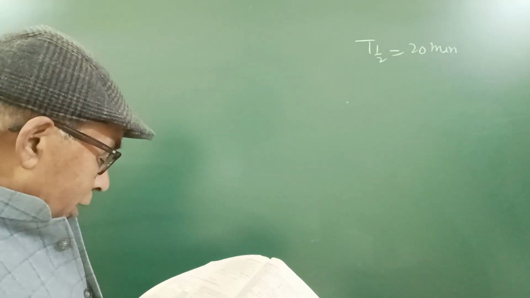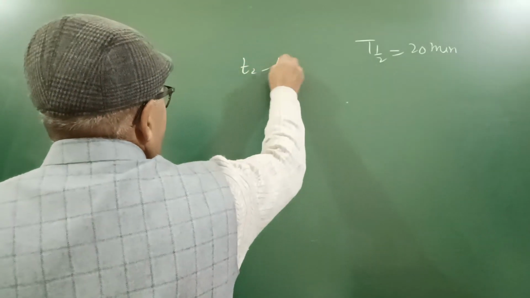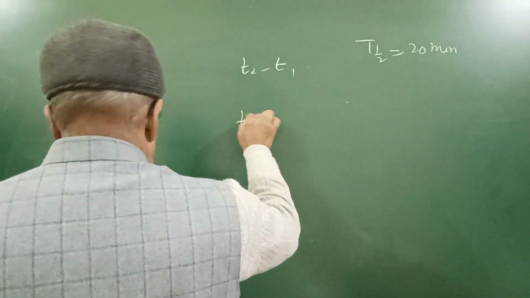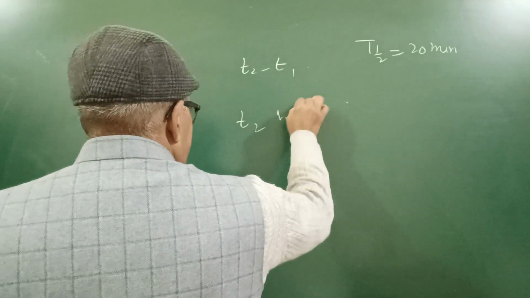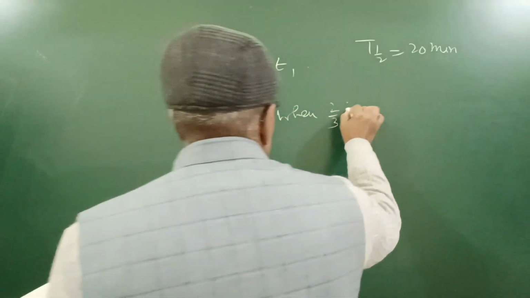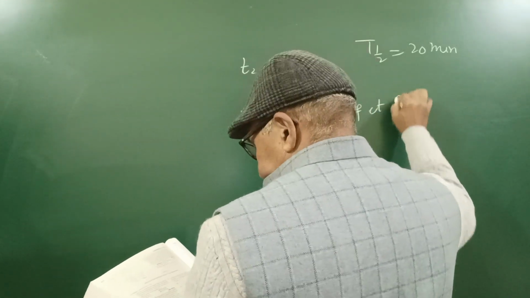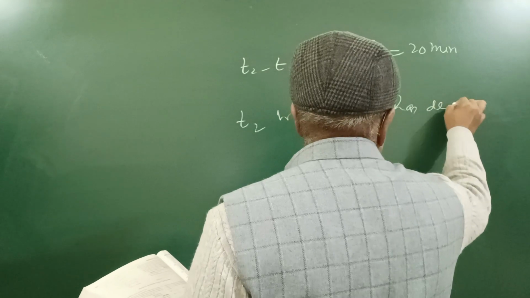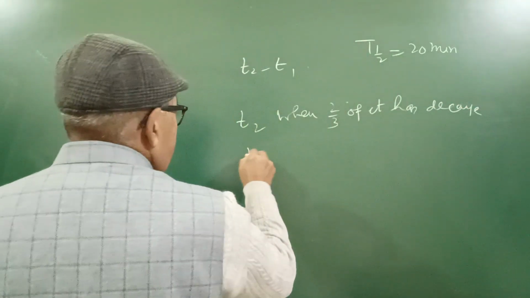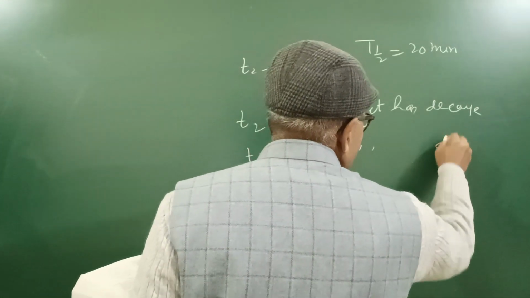The approximate interval T2 minus T1 between T2, when 2 by 3 of it has decayed, and T1, when 1 by 3 of it has decayed.